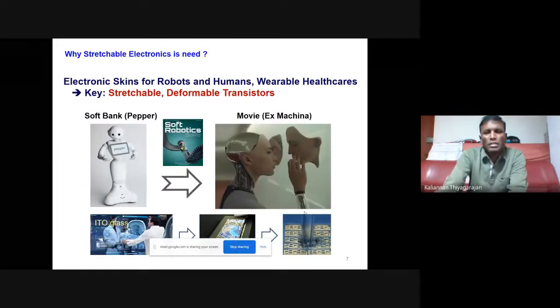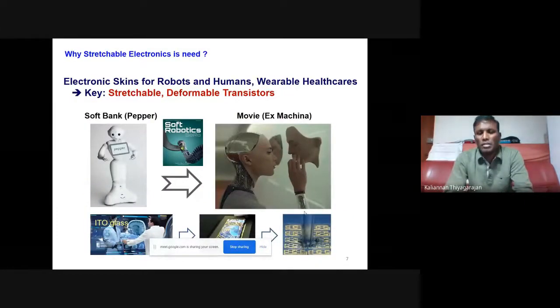The first two are really important applications of stretchable electronics, and this is another aspect. It is also possible in human machine interfacing or soft robotics. Now we have robots made with metals, and with soft robotics, feeling and sensing applications become really possible when stretchable electronics comes.